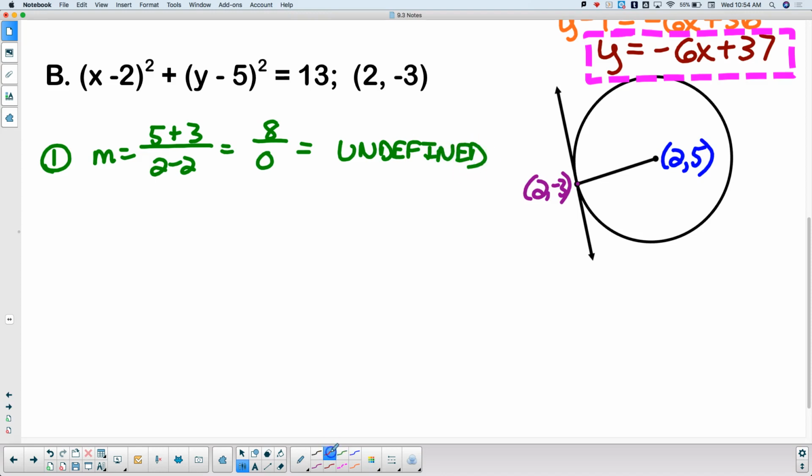Okay. So then I can find my perpendicular slope. What would my perpendicular slope be for 8 over 0? It would just be 0 because it would be -0 over 8, right? Which simplifies to 0. Kalia, very quickly, what kind of lines have slopes of 0?